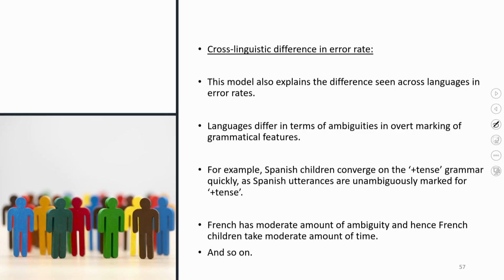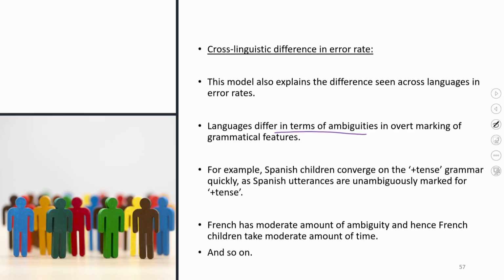Because languages differ in terms of ambiguities. We just talked about ambiguity in the English language, but not all languages allow that kind of format. There are languages where for each instance of the verb there has to be an overt marker, the tense marking or the agreement marking, whatever it is, has to be there. So, some languages are more ambiguous, some are less ambiguous, and there are more which will be in between.